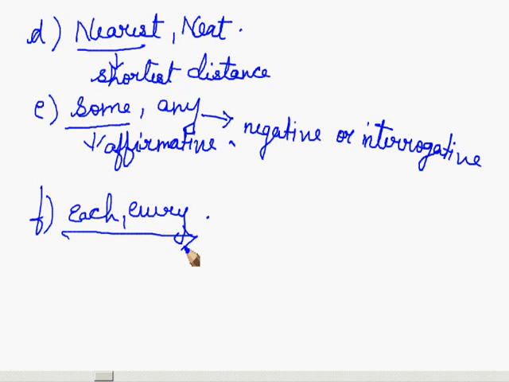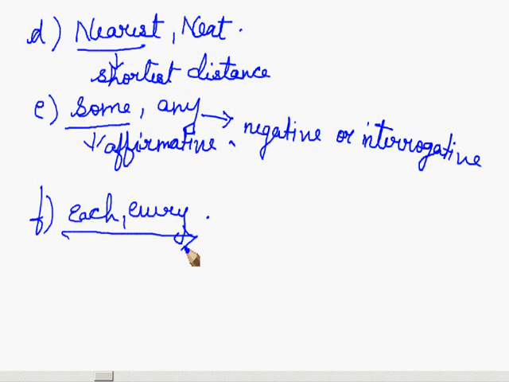It means each without exception. Each is used in speaking of two or more things. Every is used only in speaking of more than two. Each directs attention to the individual forming any group, every to the total group.